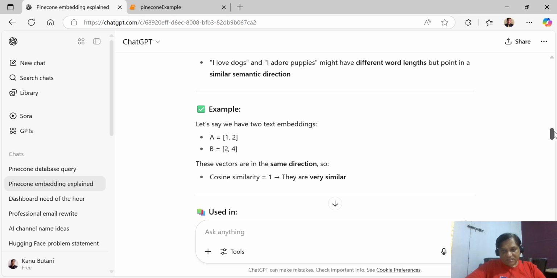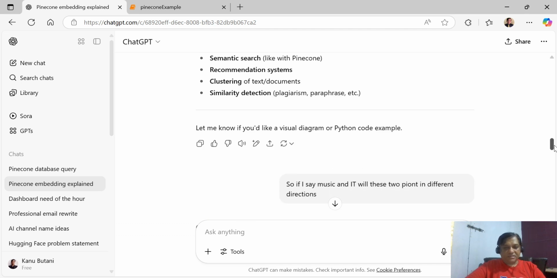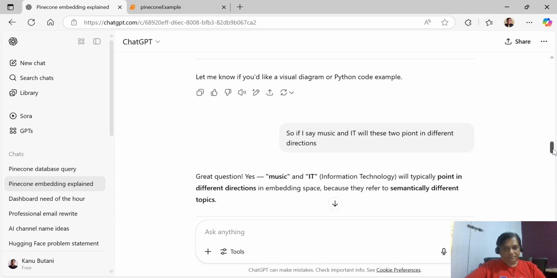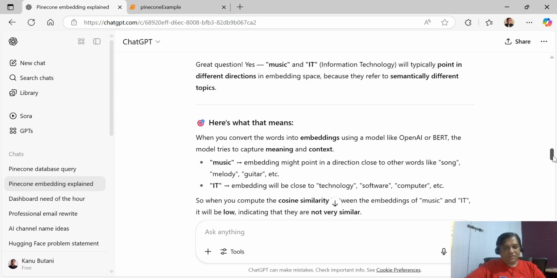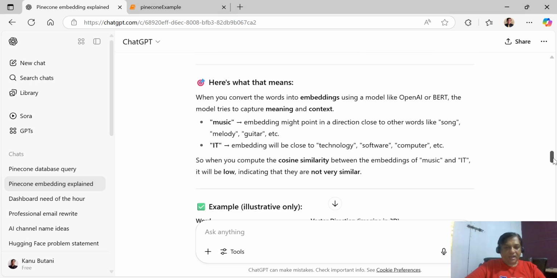So that is the entire explanation of the embedding in Pinecone, and I hope this is a good explanation. Here I have also added that when you convert words like this into embeddings, it will capture the meaning.